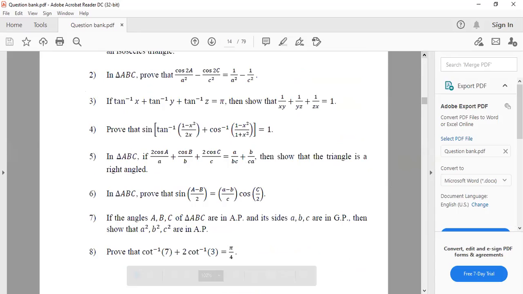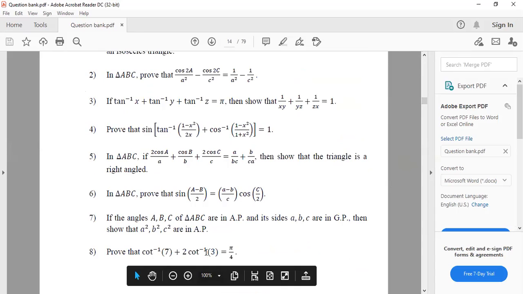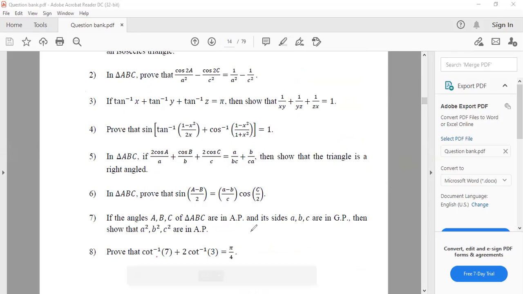One which you know, you can skip here. So what will we do? The formula for 2 cot inverse x. What will you write for cot inverse 7? Tan inverse 1 upon 7.